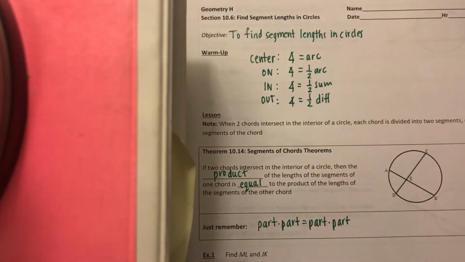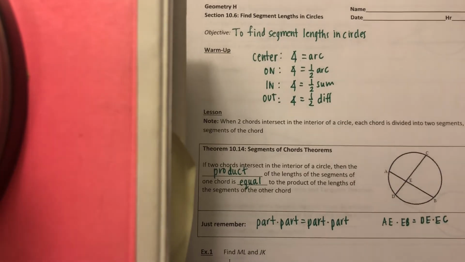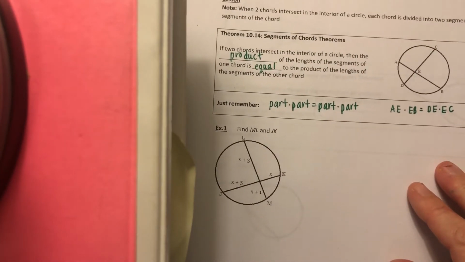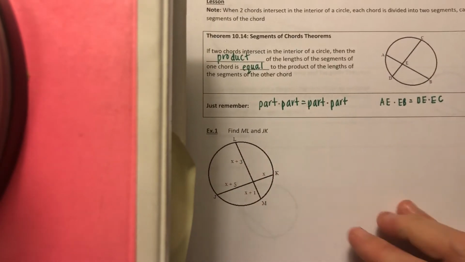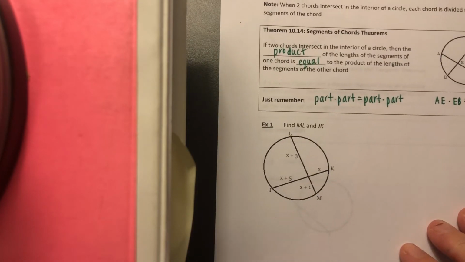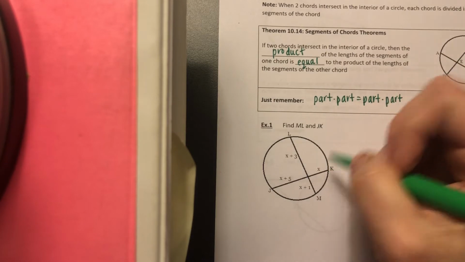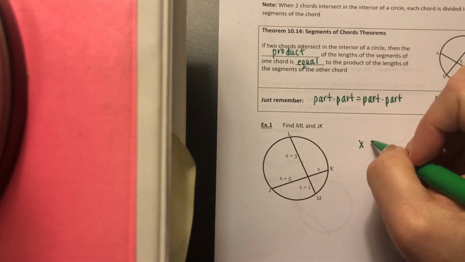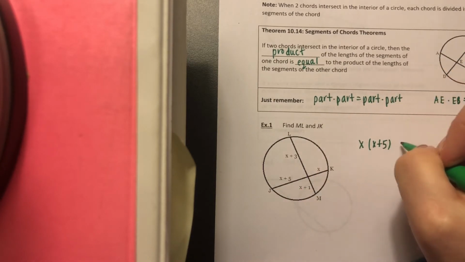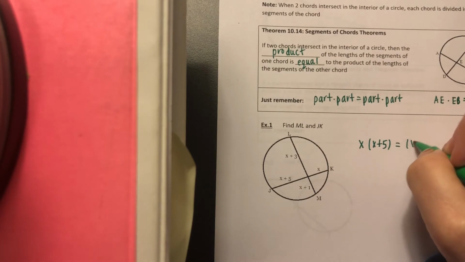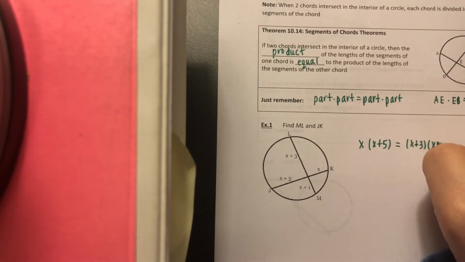In this example, that would be AE times EB is equal to DE times EC, and you would be done. So it's a pretty simple rule. If you look at this one, there are 2 chords. So x times x plus 5 is equal to x plus 3 times x plus 1.